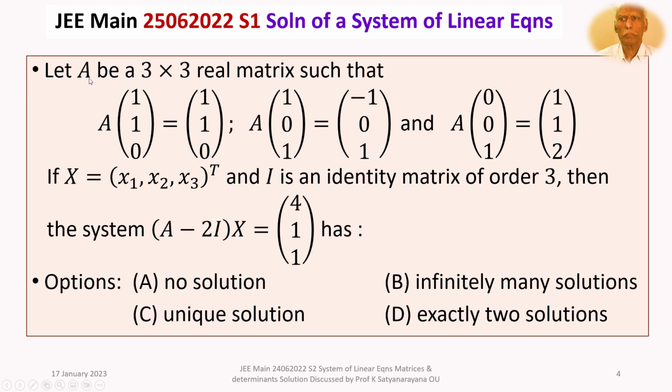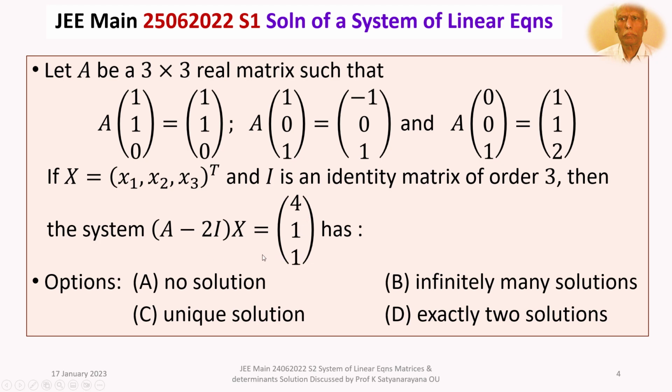We have a 3 by 3 real matrix capital A, and capital A is given with these 3 sets of equations. Then for that, (A minus 2I) multiplied by the column vector x1, x2, x3 is equal to the column vector 4, 1, 1.